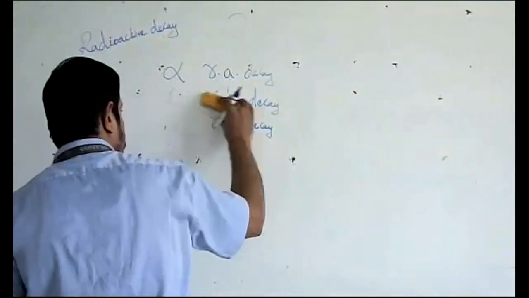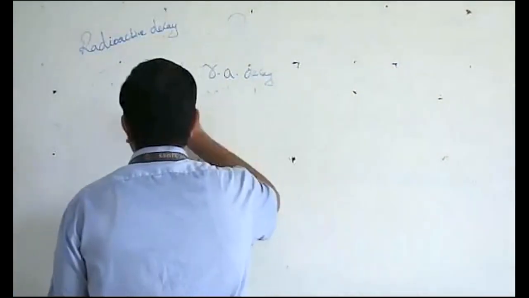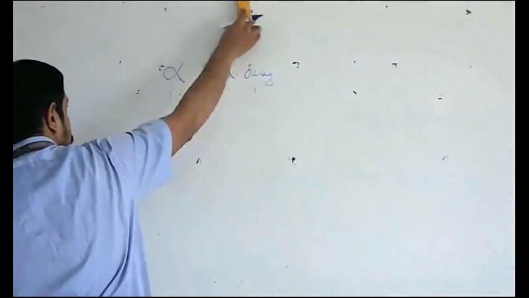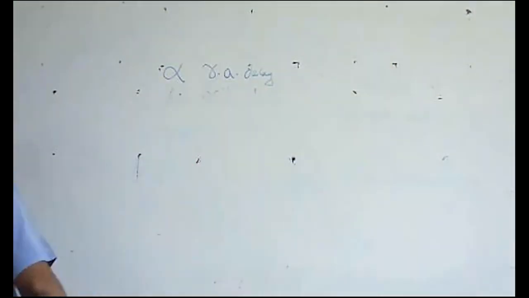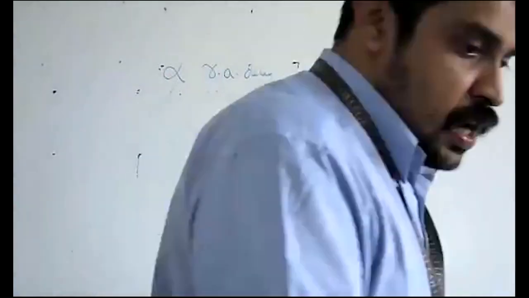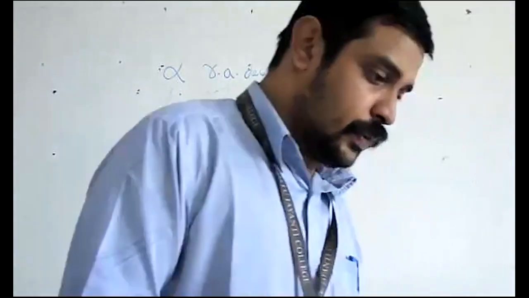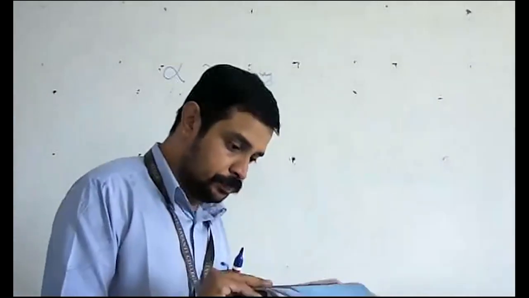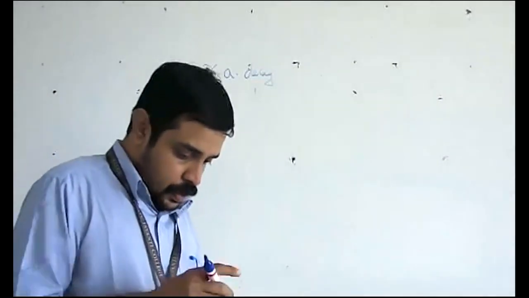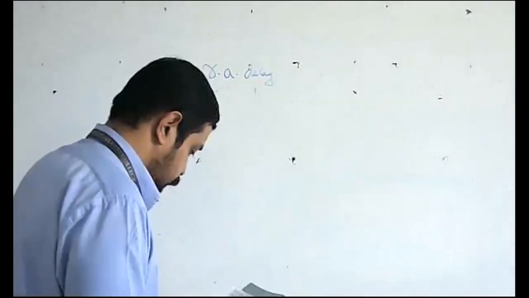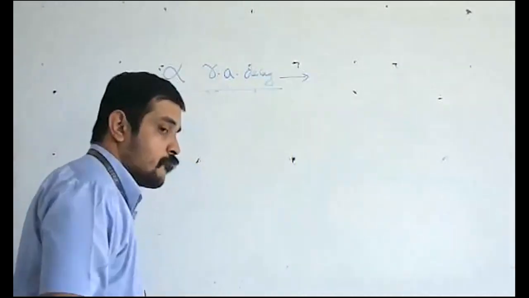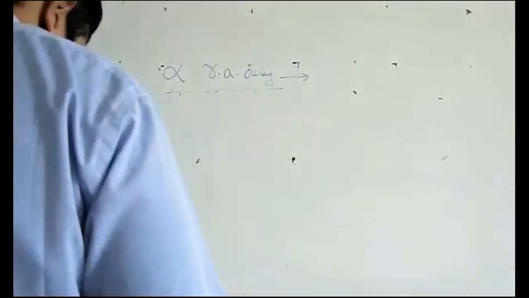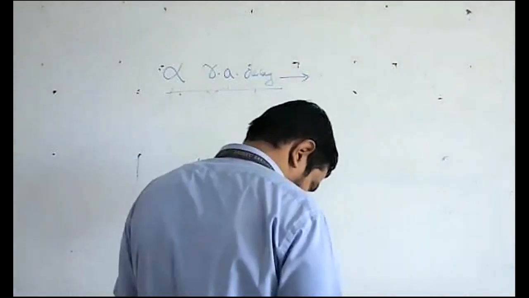Now moving on to the first type of radioactive decay, alpha radioactive decay. We are going to discuss in a very simplified way that everybody can understand.